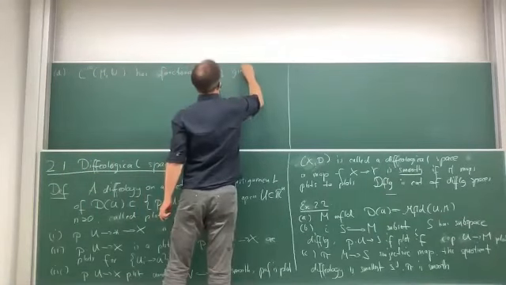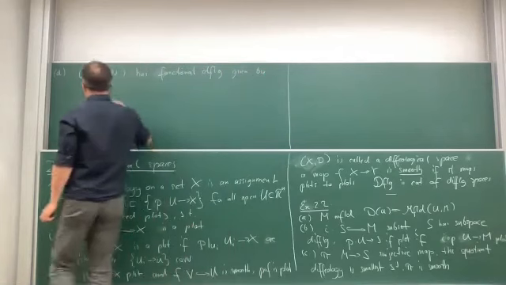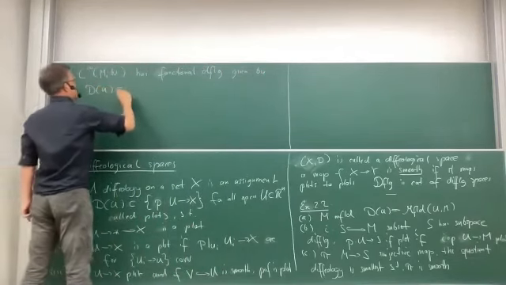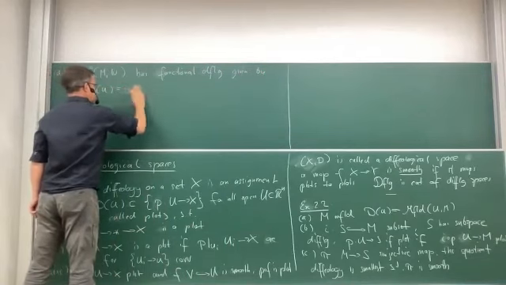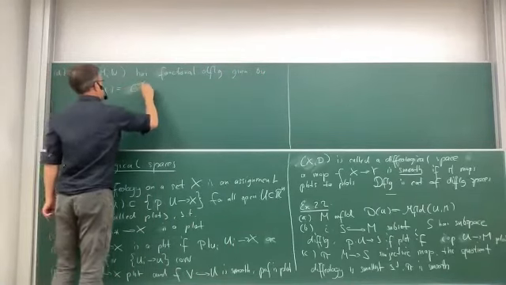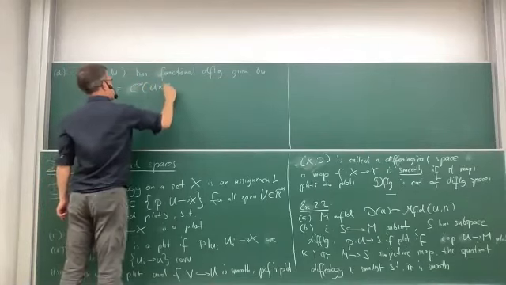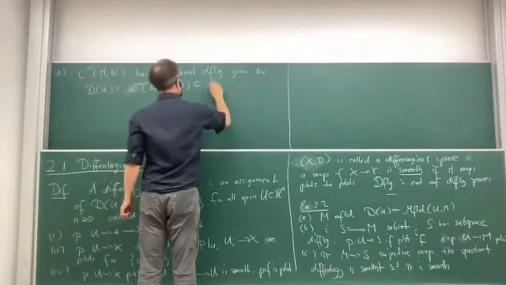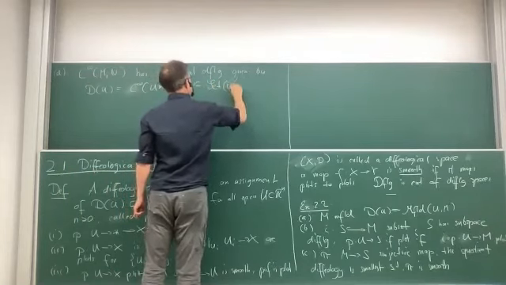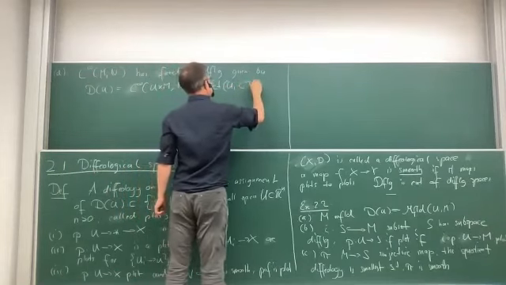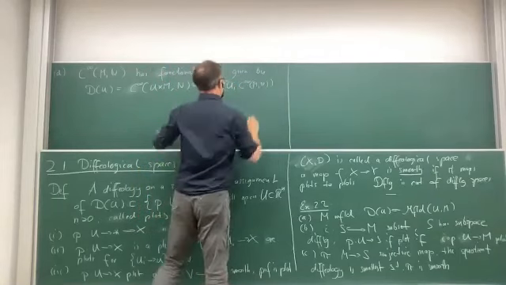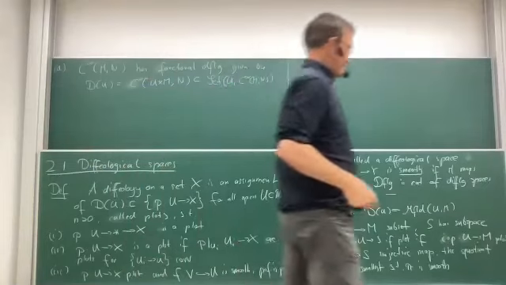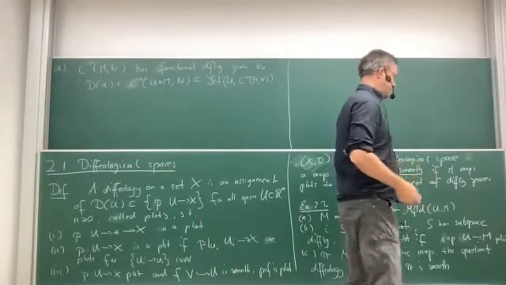A map from U is a plot if it is smooth, so it's a subset of the set of maps, using the exponential object property of the set of maps.